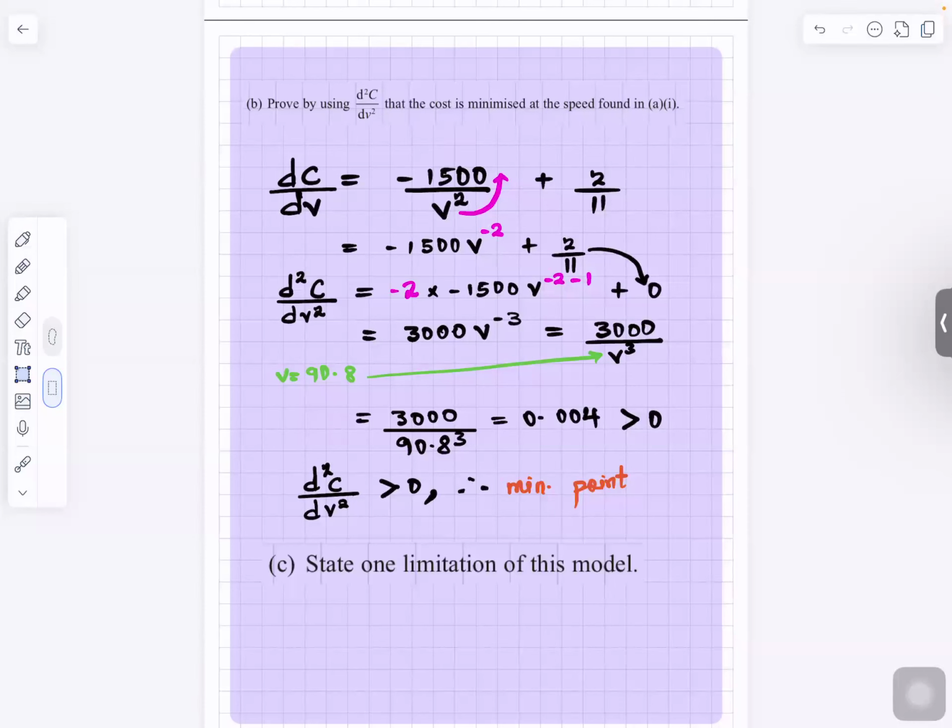Part C, state one limitation of this model. The speed cannot be the same throughout the journey. Just throughout the whole journey, the speed cannot be kept constant. So you cannot drive at the same speed.